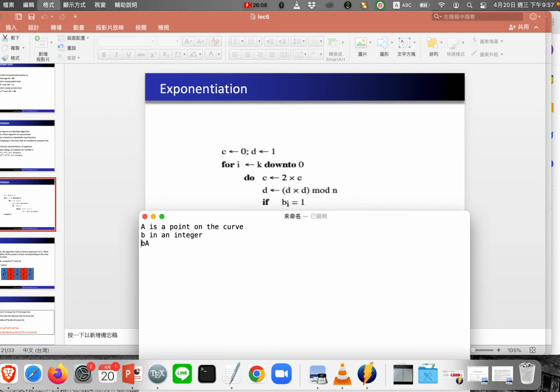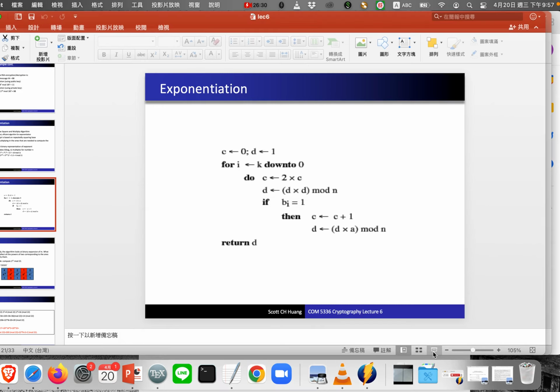Let me make this larger. We calculate BA, and that will be the scalar multiple. So the scalar multiple actually corresponds to modular exponentiation.